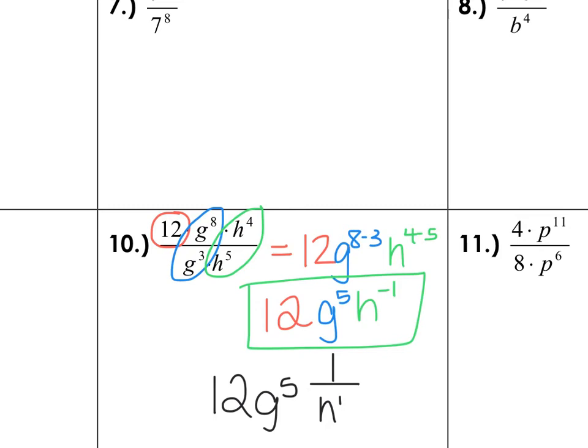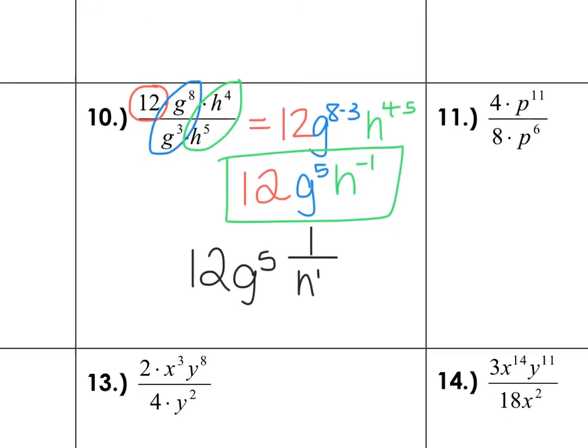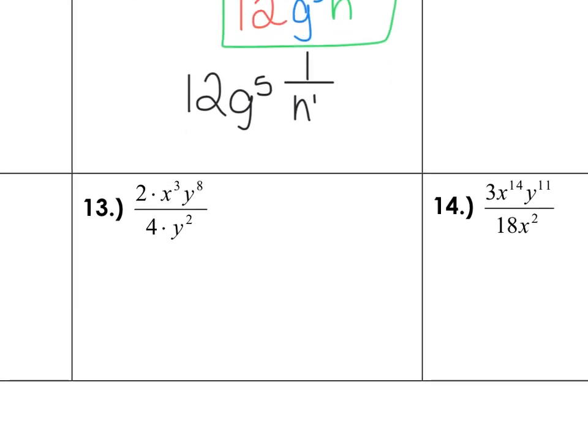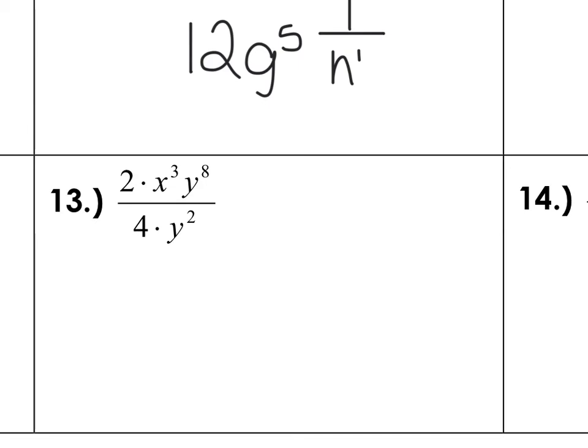Let's take a look at example 13. Okay, so 13, we have 2/4. 2/4 can be simplified to 1/2. So we're just simplifying the fraction. We have an x on top, so we're just going to leave the x alone because nothing happens to it because I don't have any x's on the bottom.